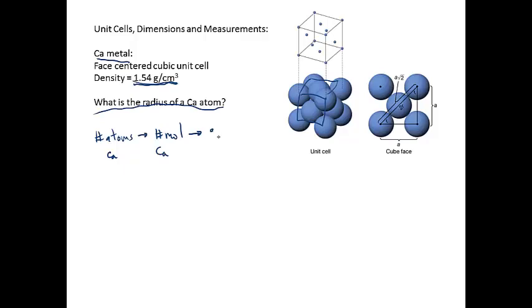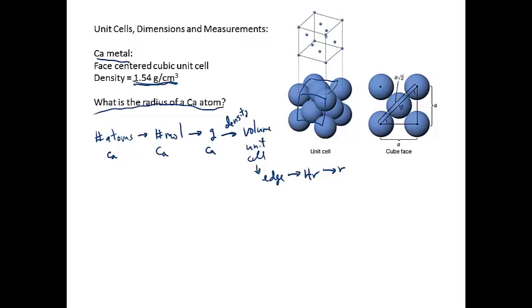Number of moles of calcium will give us grams of calcium. If we know the grams of calcium, we can determine the volume of the unit cell, and the reason we can do that is we know the density. If we know the volume of the unit cell, we can determine the edge length. If we can determine the edge length, we can determine 4r. If we determine 4r, we can determine r. So it's a lengthy calculation, but not as bad as one might think. So first let's figure out how many atoms are in the unit cell.